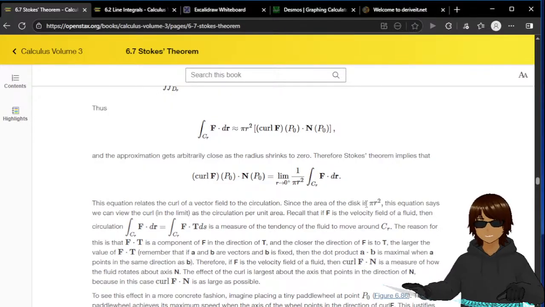Since the area of the disk is pi r squared, this equation says we can view the curl as circulation per unit area.